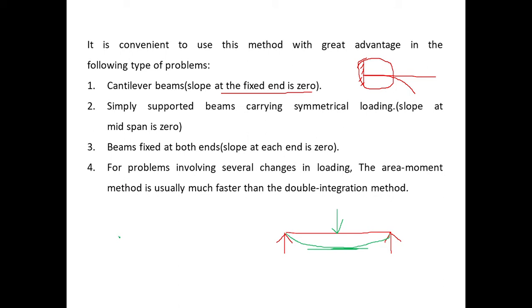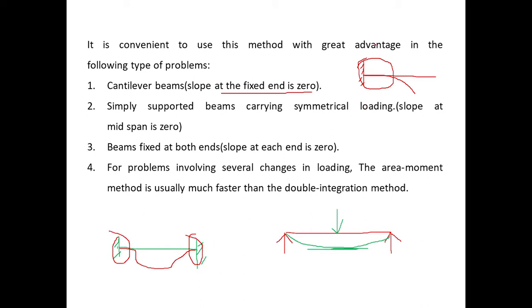And for a beam with fixed ends, the elastic curve will be like this, right? So here and here the slope is 0.